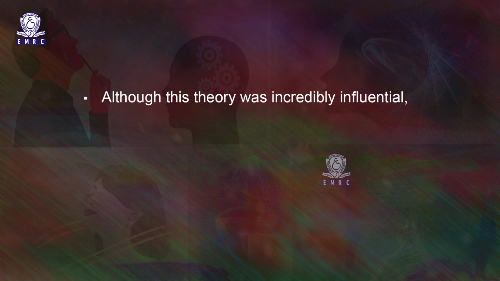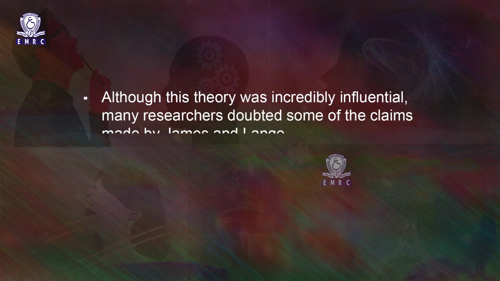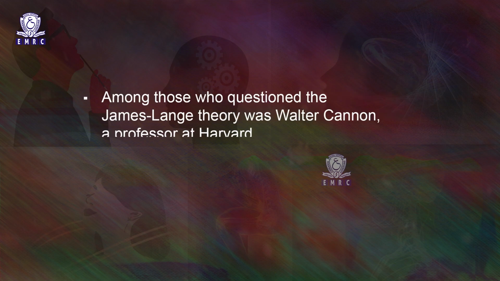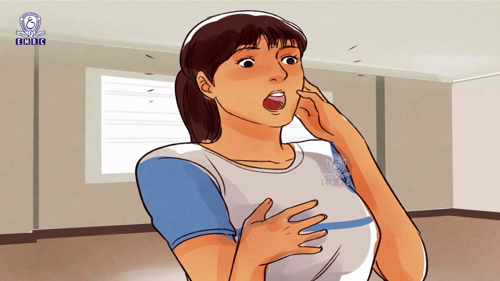Although incredibly influential, many researchers doubted some of the claims made by James and Lange. Among those who questioned the theory was Walter Cannon, a professor at Harvard. In 1927, Cannon published a landmark paper critiquing the James Lange theory and suggesting an alternate approach to understanding emotions.